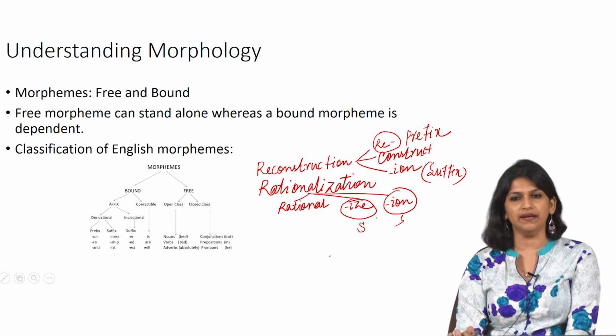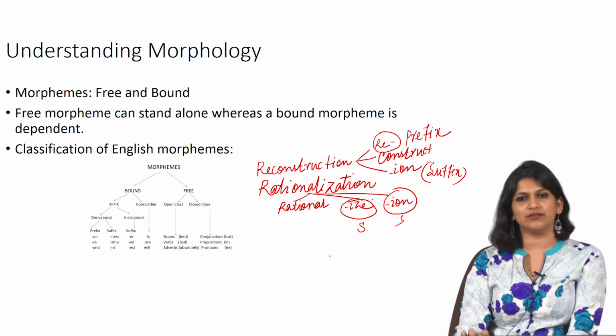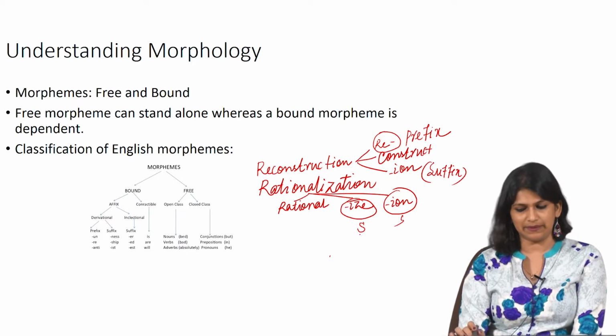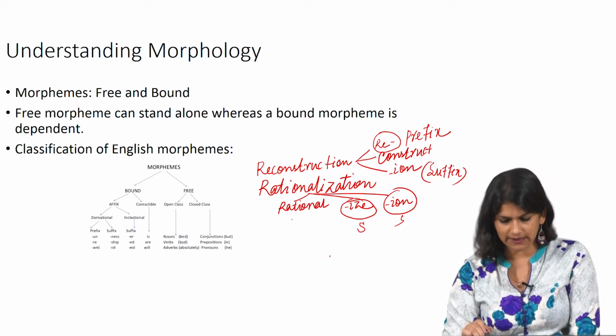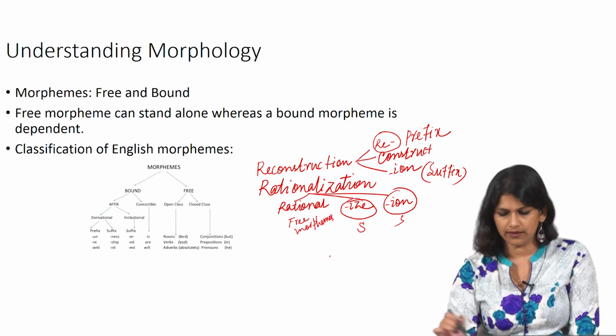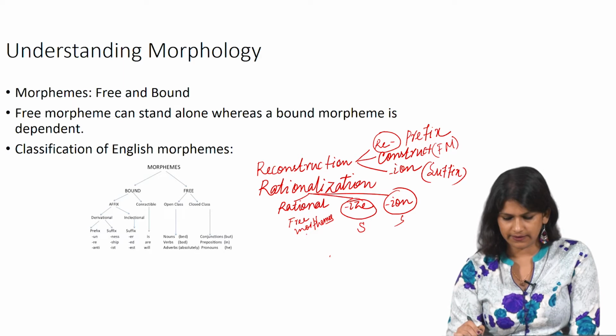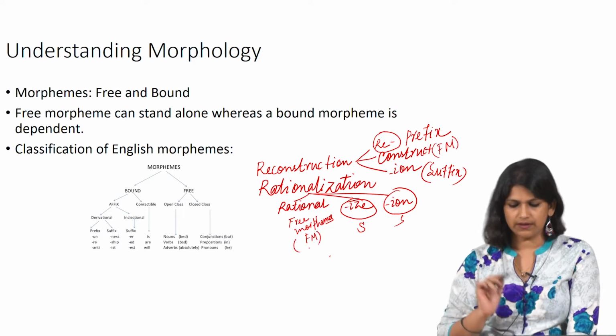Remember, they cannot be free morphemes, because they are always dependent on the root word to get the complete meaning, and all the main words are basically free morphemes. Okay. These are free morphemes. So, I will write it as FM, and this one I will write as FM2.